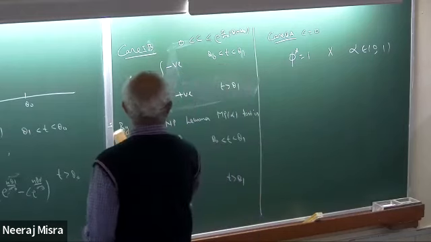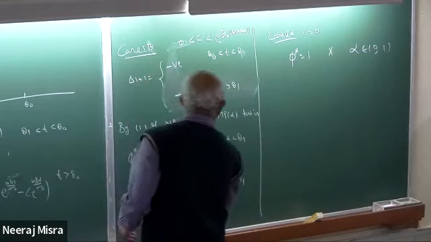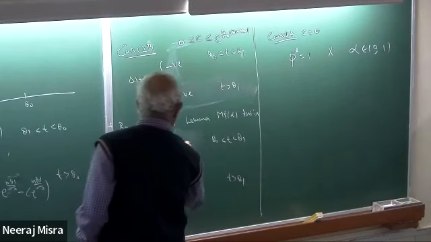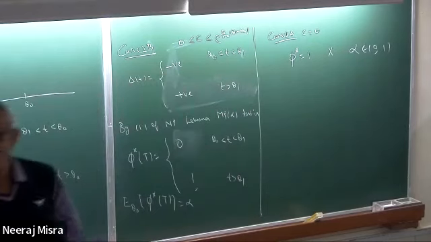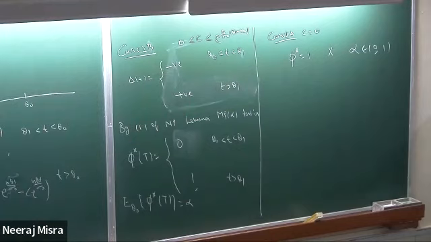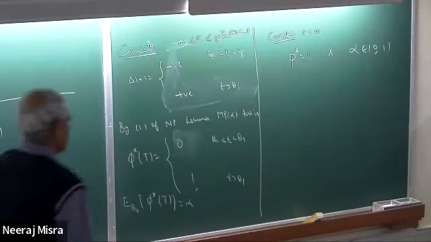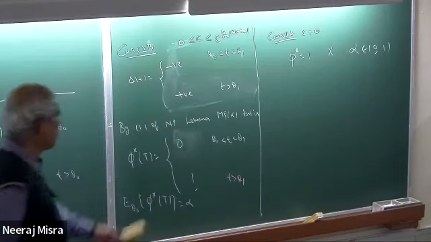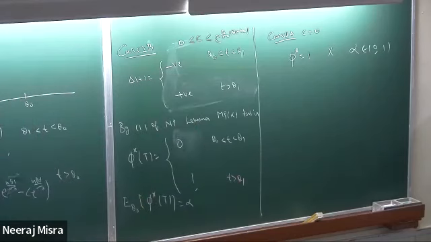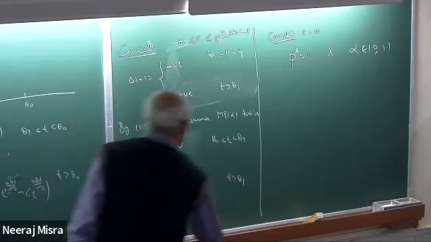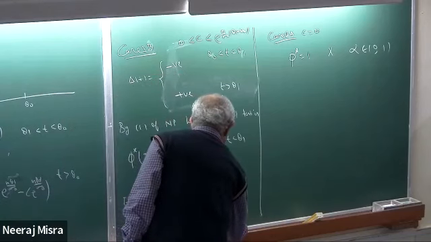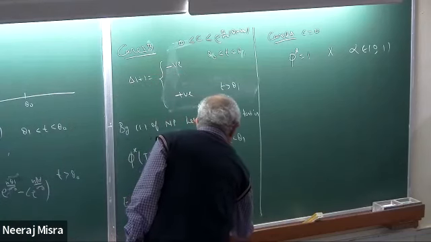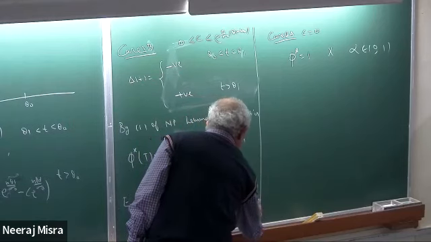So by the Neyman-Pearson lemma, the MP alpha test is this, but I don't have any parameter in my hand to control the level. So it will have a fixed level. This can be an MP alpha test when alpha is the same as the probability that T is greater than theta 1, which is equivalent to saying that e to the power minus n by sigma naught, theta 1 minus theta naught is the same as alpha.